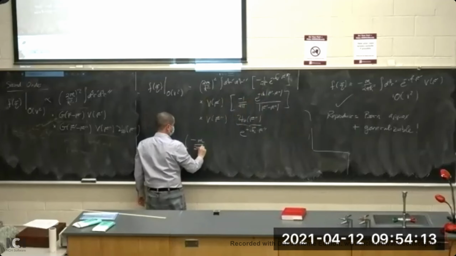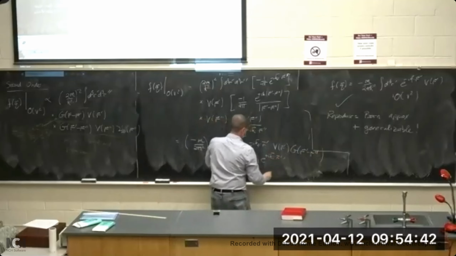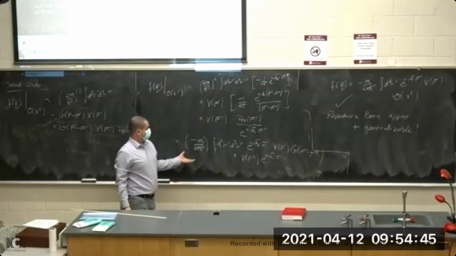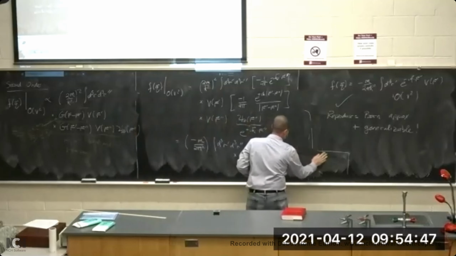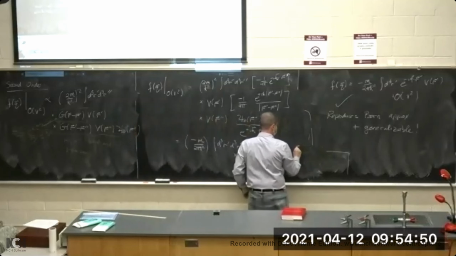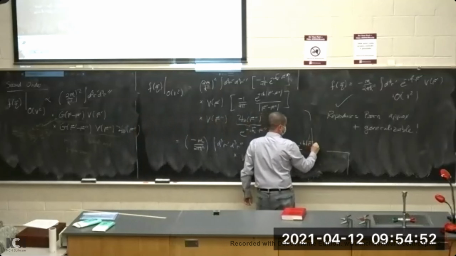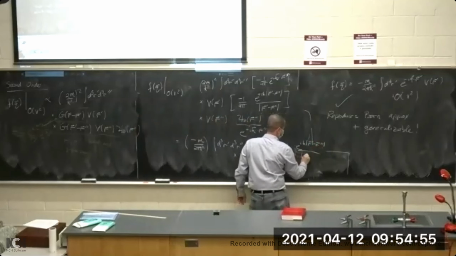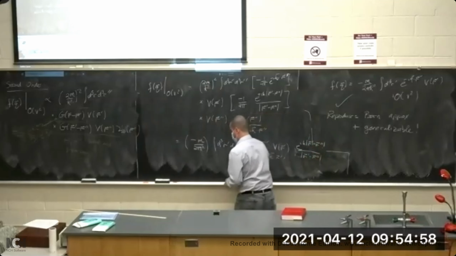For the outgoing state, I have the plane wave, e to the minus i k final dot r prime. And then in between, I've got potential at r prime, propagator to r prime from r double prime, another potential at r double prime, and then I have the incoming wave, e to the plus i k initial dot r double prime. So what this describes, I already wrote this as e to the i k r prime minus r double prime over r prime minus r double prime.